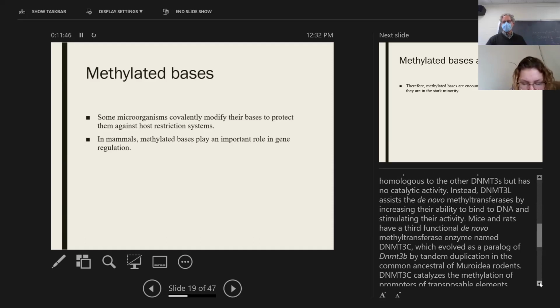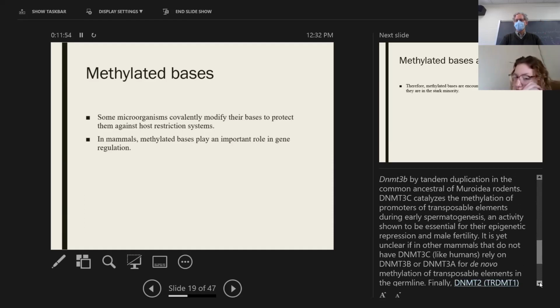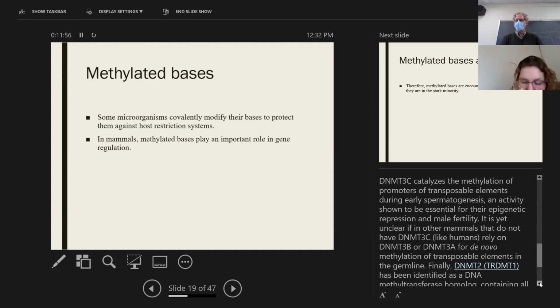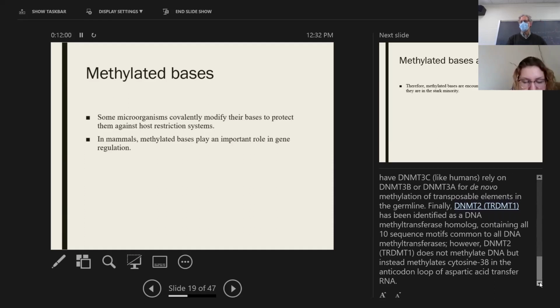And it seems to be a version that just does other bits and pieces. Anyway, so these 3s, they're the de novo methylators. They make new patterns of DNA methylation.